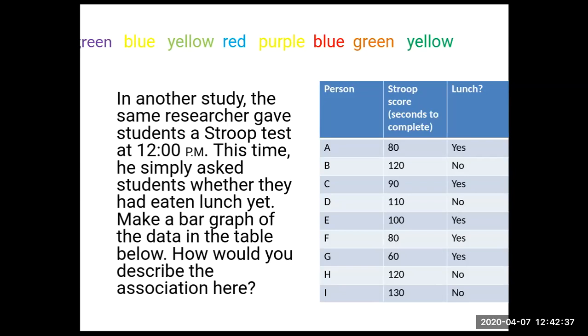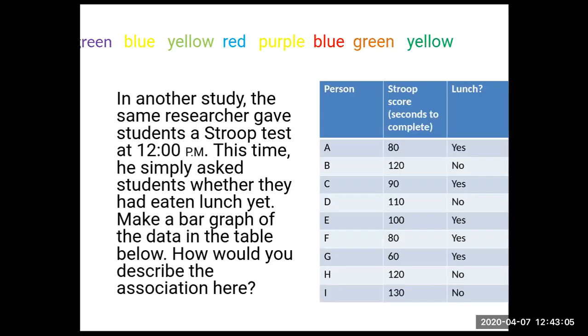So 80 plus 90 plus 100 plus 80 again plus 60 equals 410. And we have 1, 2, 3, 4, 5 yeses. So 410 divided by 5. It's going to give us about an average of 82 seconds to complete for the people that ate lunch.